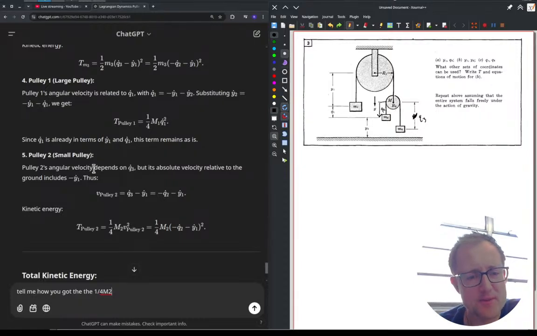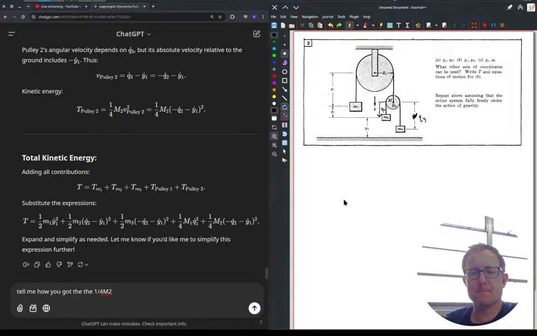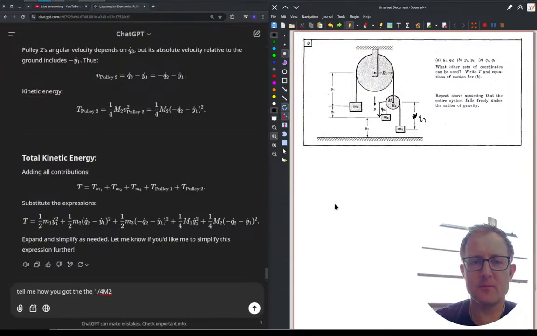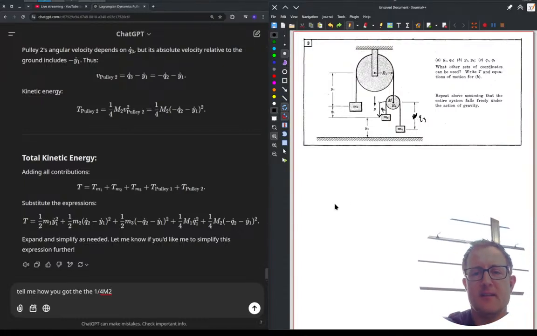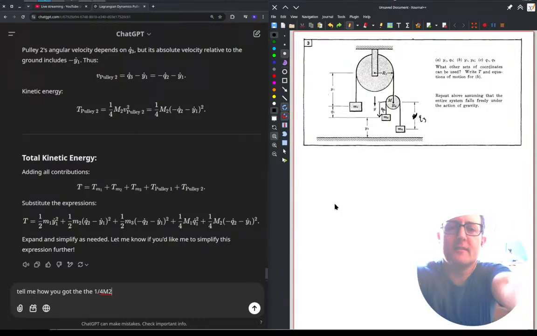Shouldn't that be a Q2 dot? Because what I see for this is that, here, I'm going to rearrange the camera a little bit.